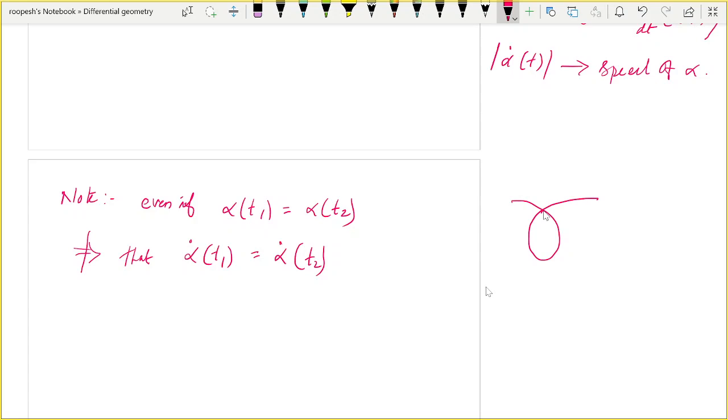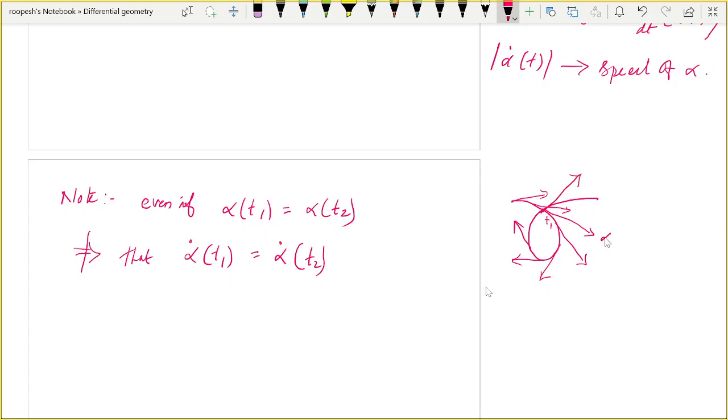Moving in this direction, this is my t1, so I get the direction like this. Coming back to this point once more along the curve, it becomes my t2, and I get a different direction.